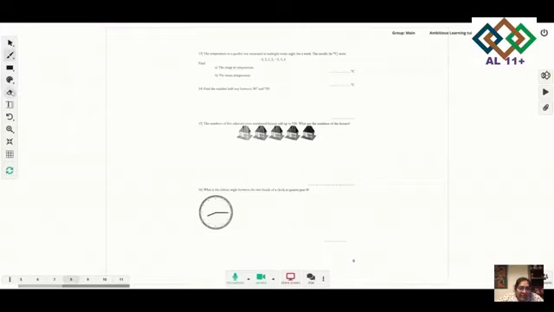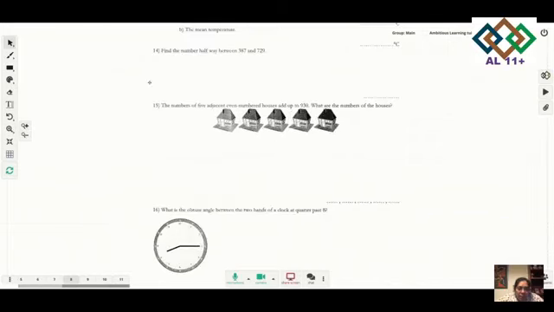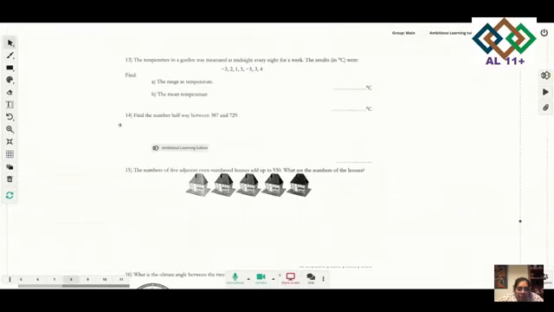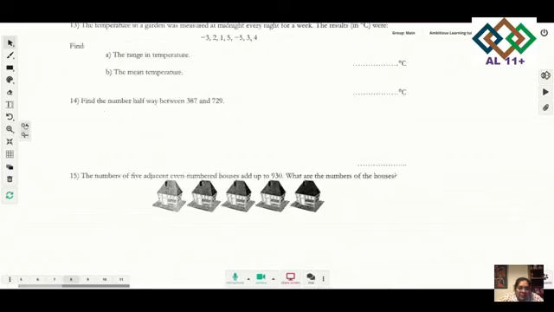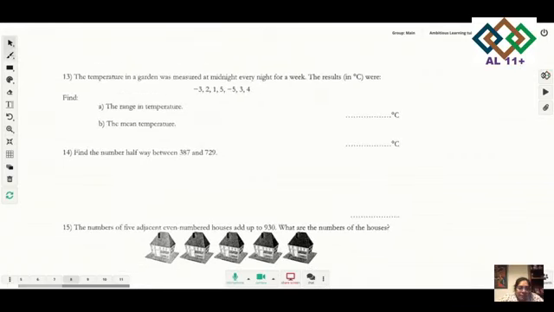Going to number 13 now. That's about temperature. The temperature in a garden was measured at midnight every night for a week. You know what a week is? It's 7 days.